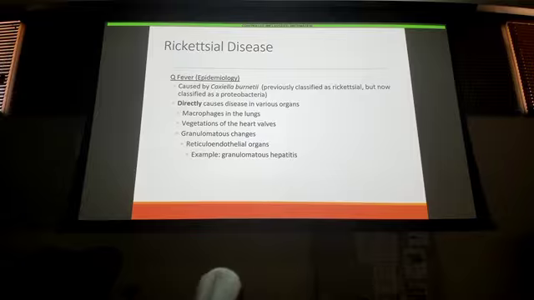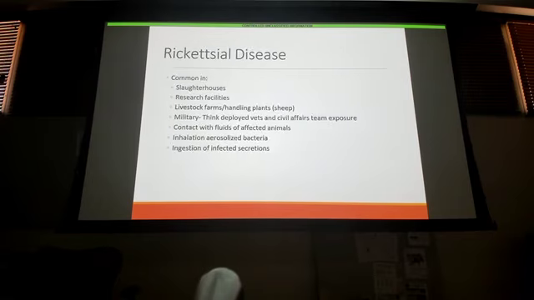This one directly causes disease in the organs. So macrophages can be in the lungs, vegetations on the heart, granulomas in the reticuloendothelial organs like the liver and such. Common in slaughterhouses, research facilities, livestock facilities, in the military.